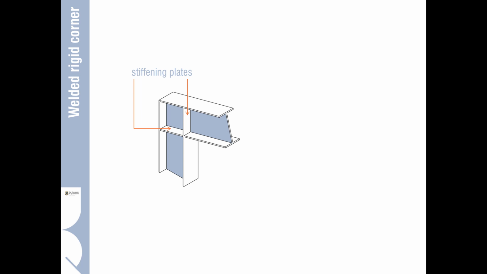It often means that we end up using universal beam profiles for columns as well, which is common in portals. And again, in order to stiffen the corners and to prevent deformation of the flanges under load, we put stiffening plates where those loads are being transferred.